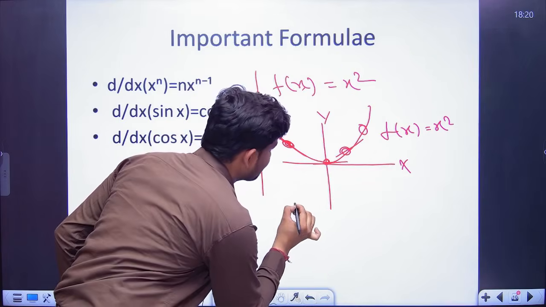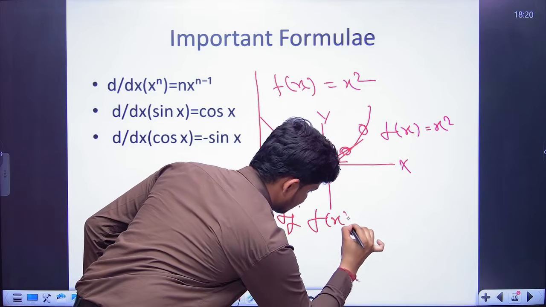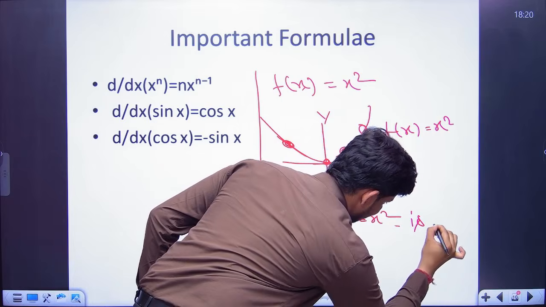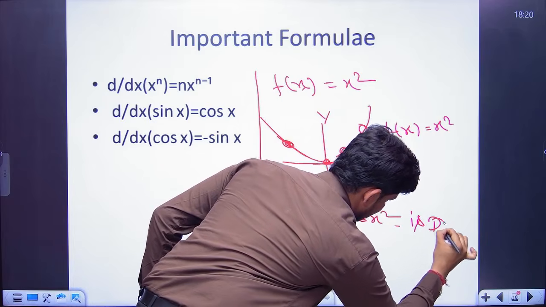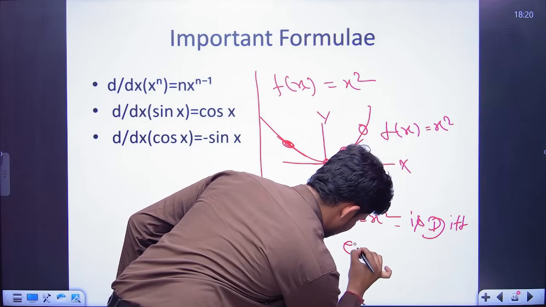Then f(x) equal to x square is differentiable everywhere.